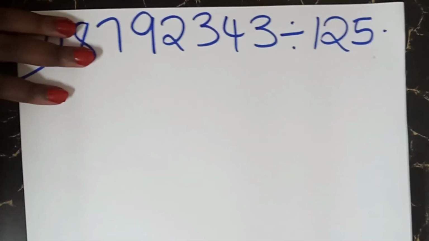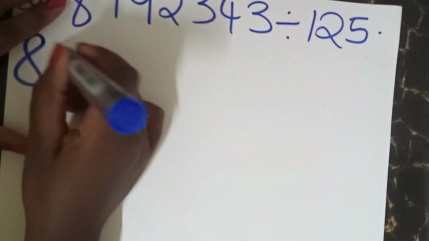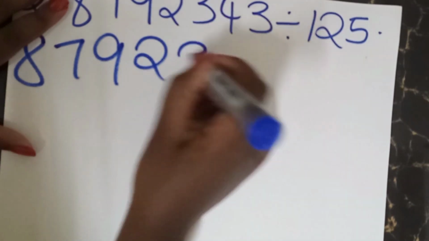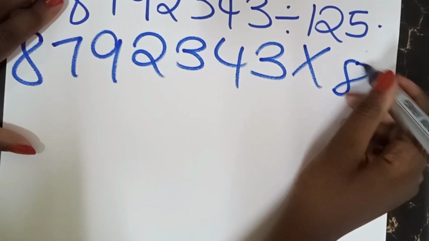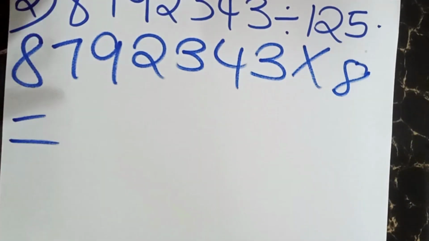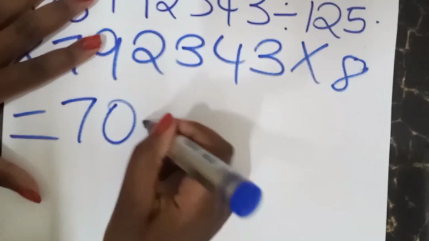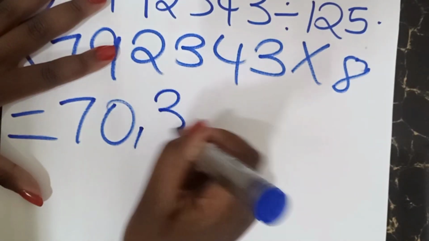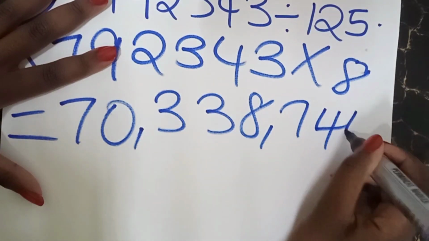When you're told to divide this, I'd recommend you first pause the video and try it out by yourself. So the first step, as usual, is to multiply this number by 8, okay? When you multiply this number by 8, this is what you get.